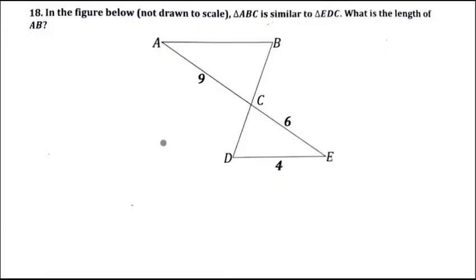Welcome back. We're on question 18, and we have two similar triangles, ABC and EDC. And we are looking to find the length of AB, which is the horizontal line on triangle ABC.